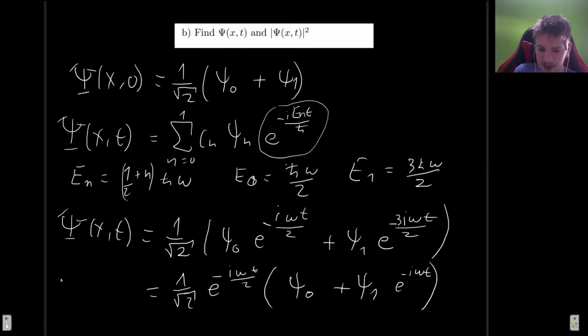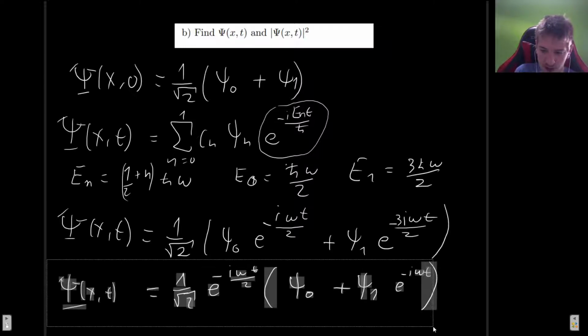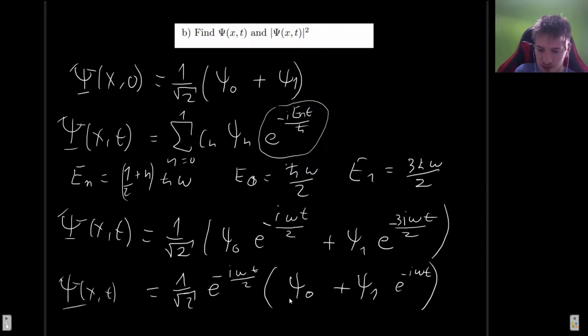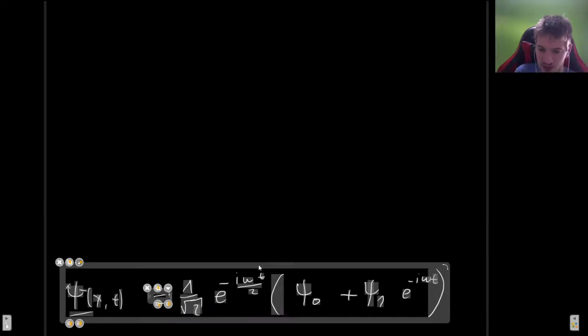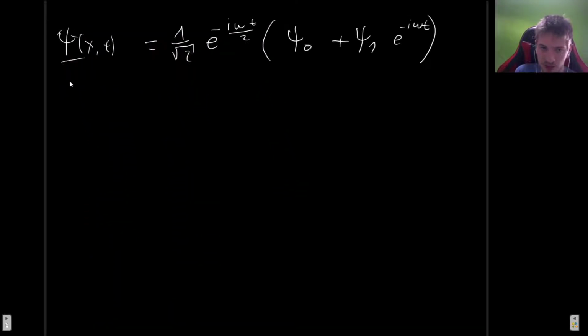Okay, so this is this psi of x comma t. And we still can and will have to replace and write in here the expressions for psi0 and psi1 in order for it to be a complete solution.